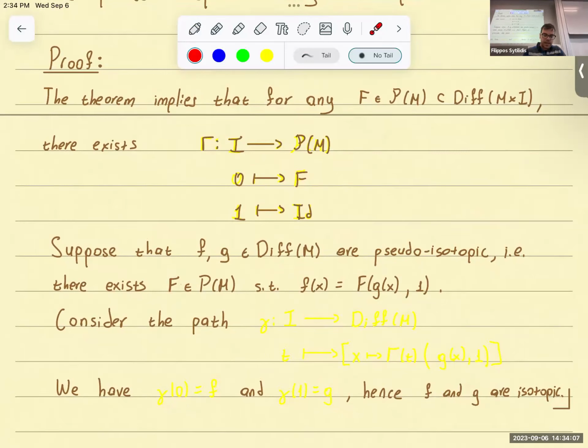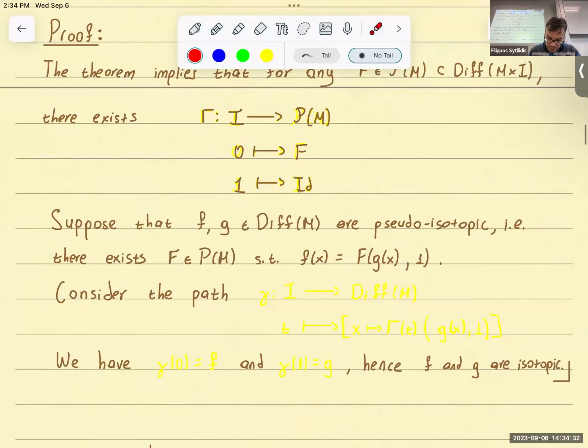So that's this capital F. And F and G are related by the simple formula: F of X is the value of the pseudo-isotopy at the pair G of X, 1. That's how we defined what it means for two diffeomorphisms to be pseudo-isotopic.